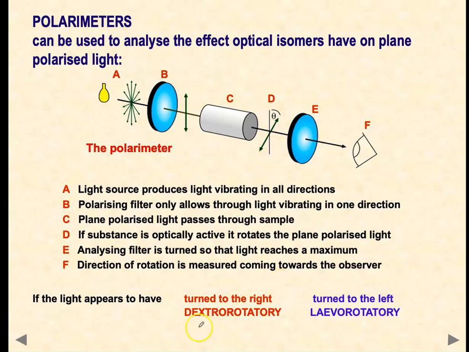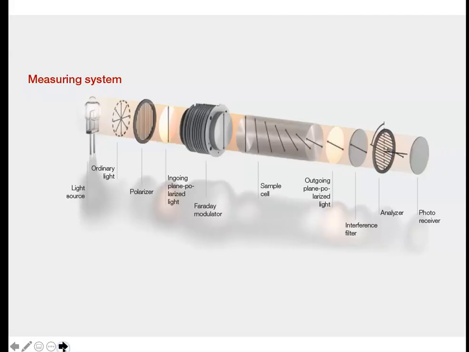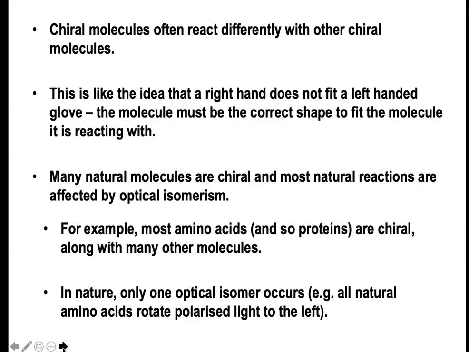These terms are not important, so I'm not going to mention these. All you need to know is if light appears to turn to the right, that's one isomer. If it goes to the left, that's your second isomer. So that's a very quick introduction to what polarimeters are, and these are some of the diagrams you can see on this.